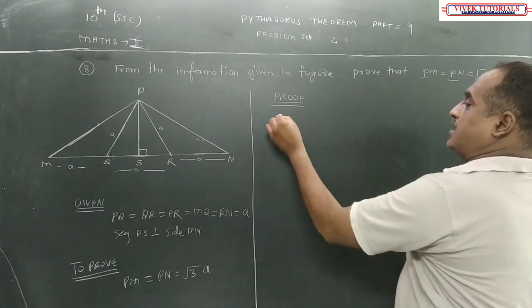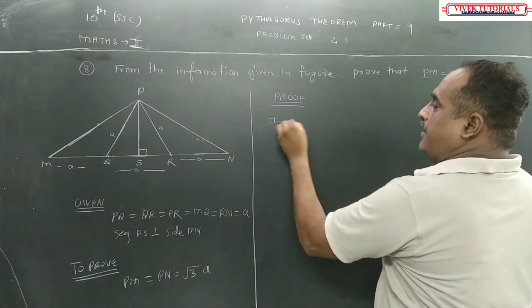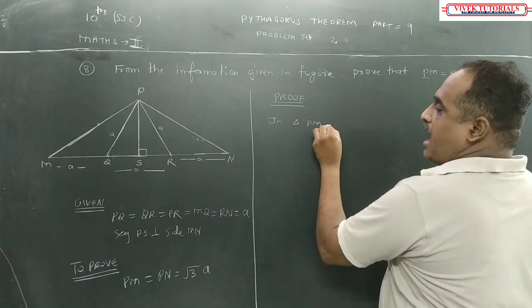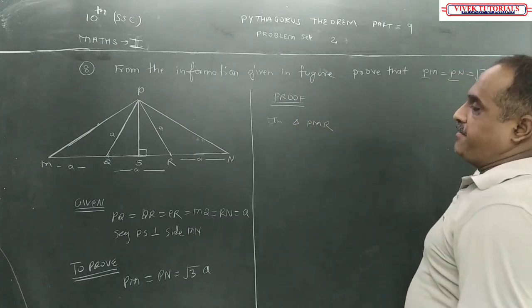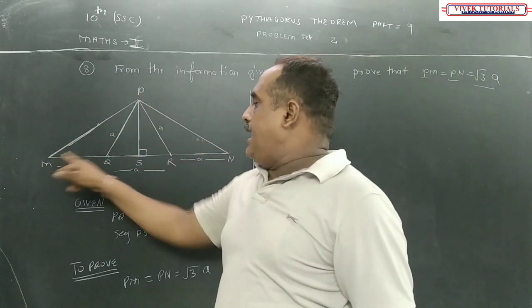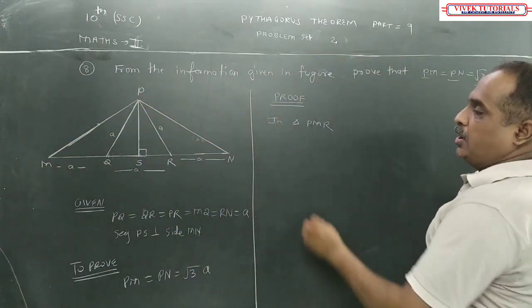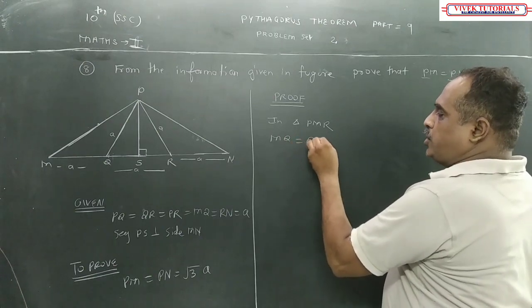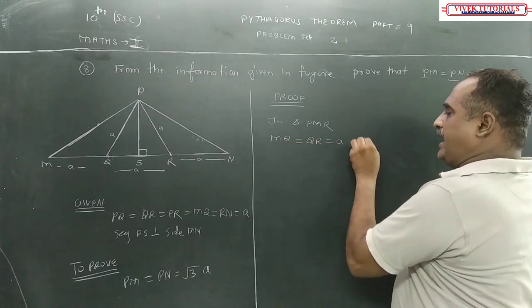So we are going to start like this. In triangle PMR, MQ is equal to QR is equal to a. It is given.